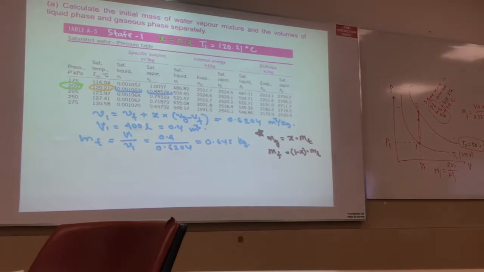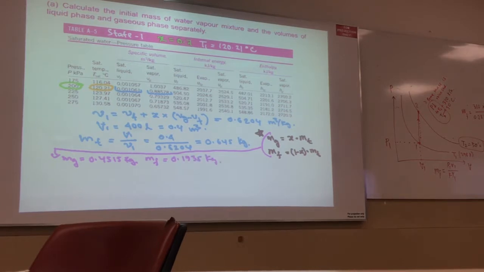So according to this question, with this equation I can find mg. mg is equivalent to 0.4515 kilogram and mf I get 0.1935.